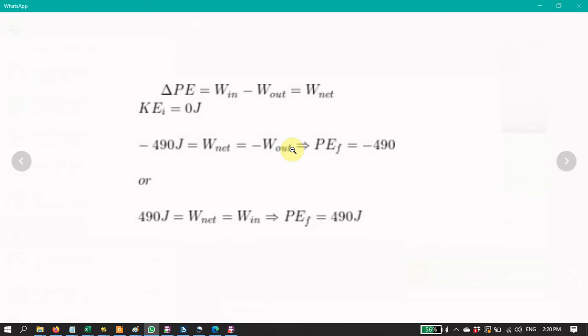Or if it's 490 joule, it means the net work is due to the work done by the surroundings to the body, right? So we raise the body higher. So it's very important for us when we evaluate the potential energy to consider the reference, the origin of the coordinate system.